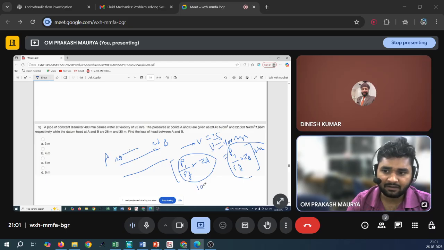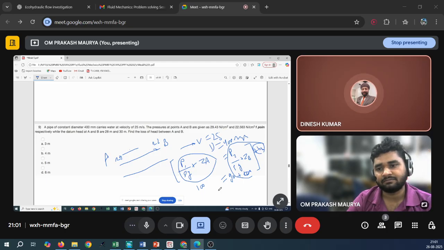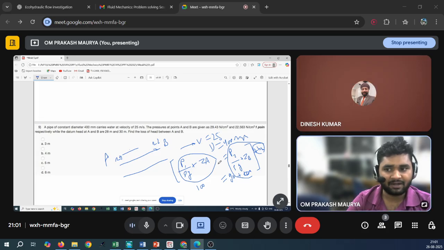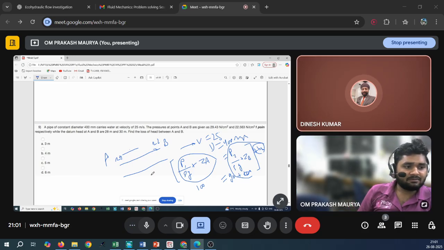Suppose you have 100, and after losing you get only 90. Whatever you lose, once you add it on this side, then you will get 100 and 100, right? Similar thing here. Yes, got your point, because the loss is going in that direction. If we add it at the P2 side, then it will be balanced. So HL will be added on the right side. Yes.